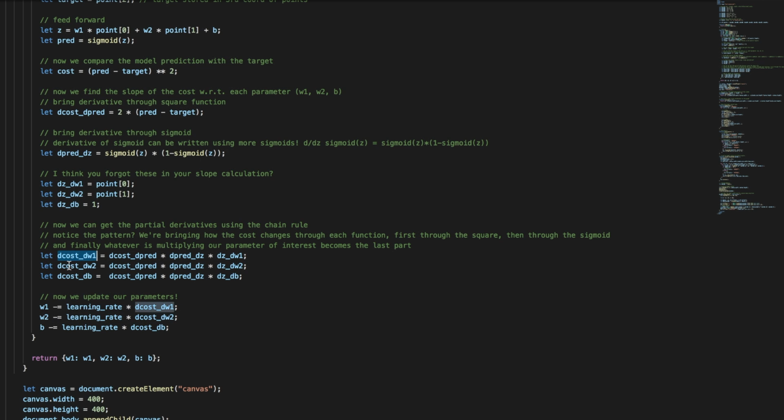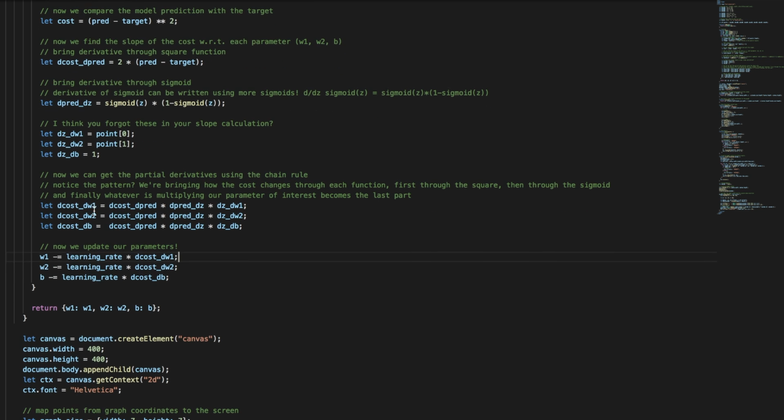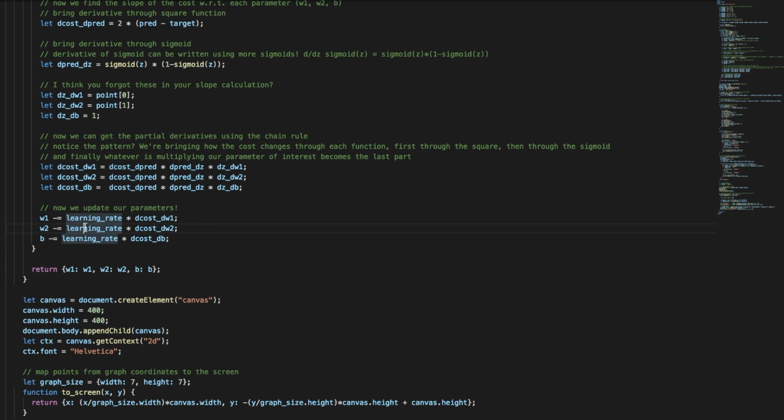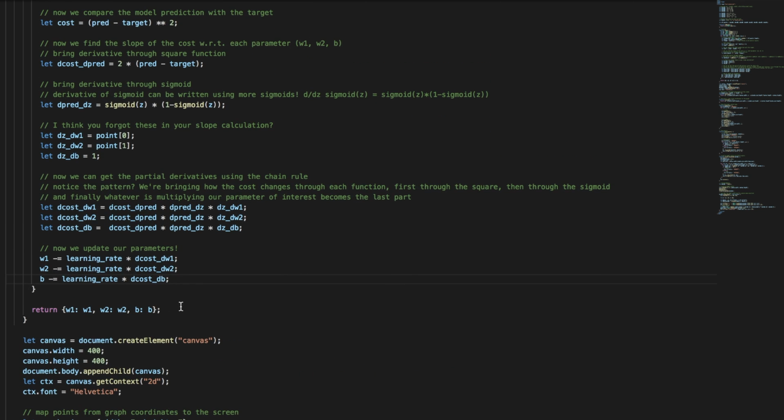Now, these are the way we can change our parameters to increase the cost the most, but we want to decrease the cost, so we subtract them from our parameters, and also we subtract only a small fraction of them. We multiply them by the learning rate so that we don't overstep our minimum. Now this training function returns the learned parameters here in a dictionary.